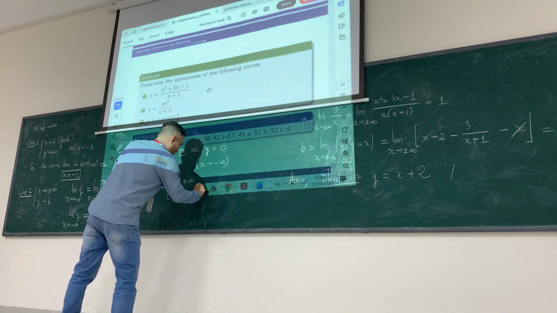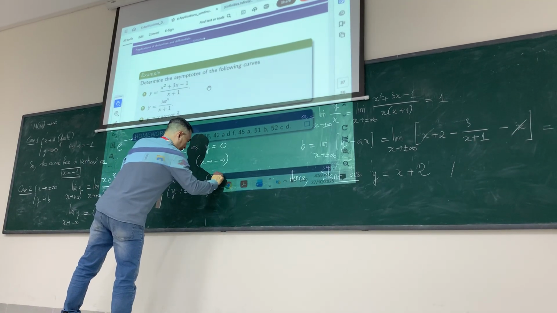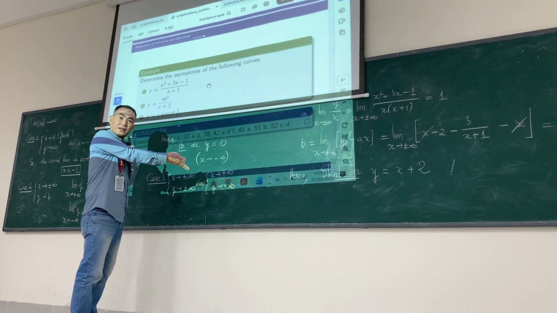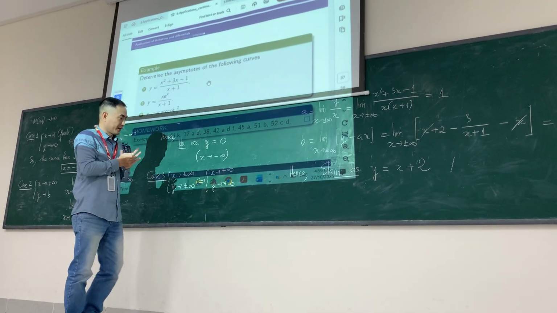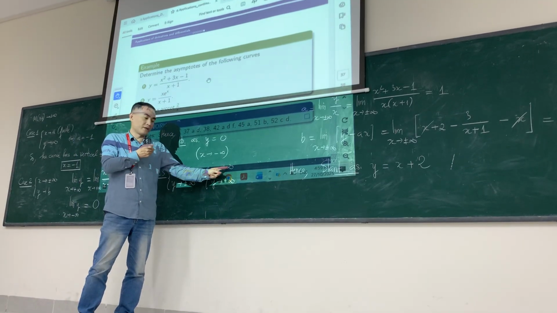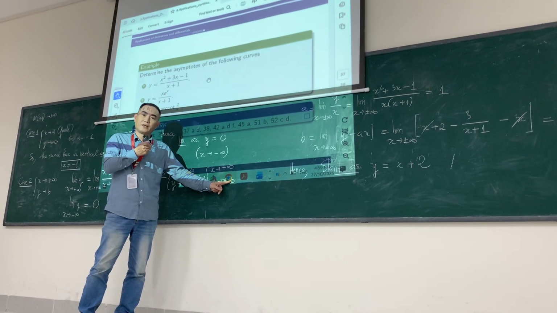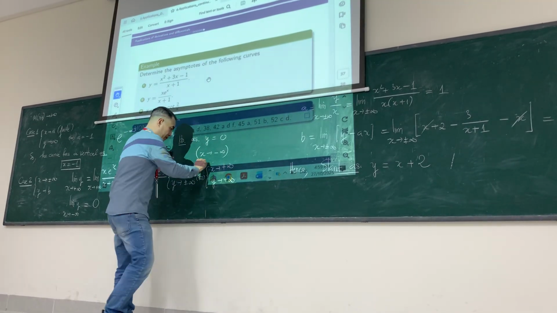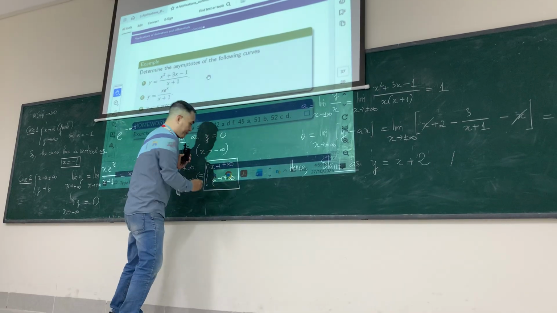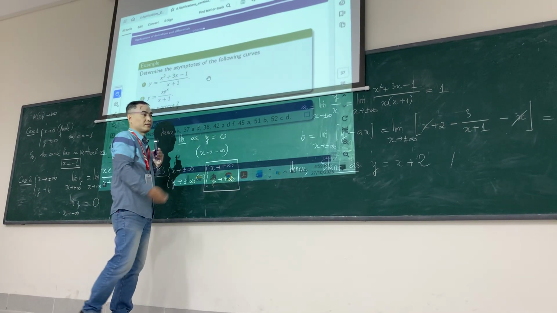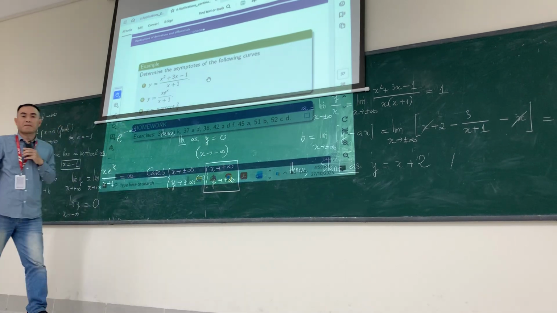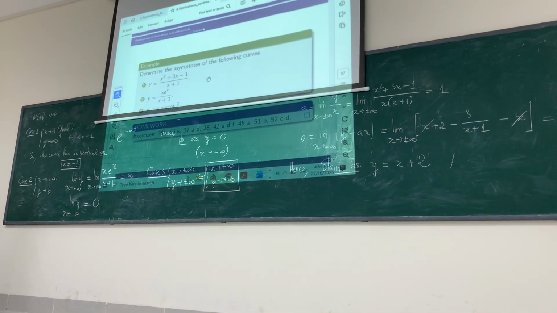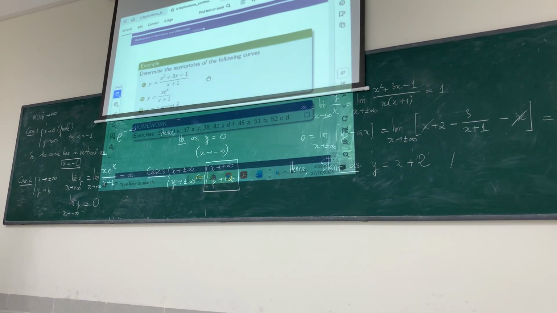So this case is equivalent to x tends to positive infinity, y tends to positive infinity. Based on this, we find A and B. If the function belongs to this case, now find A and B. You want to find the slant asymptote.